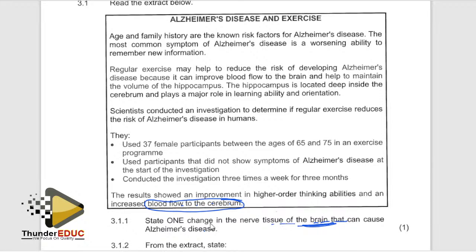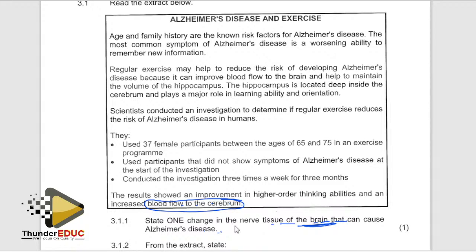State 1 change in the nerve tissue of the brain. If they are damaged, it leads to damaging of the nerve tissue that can cause Alzheimer's disease. Once the tissue is damaged, automatically you are going to have Alzheimer's disease. But also reduced blood flow to the cerebrum will lead to Alzheimer's disease.